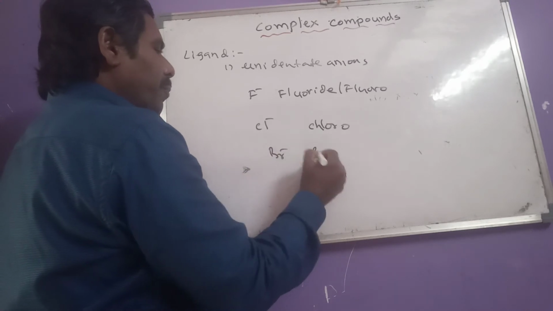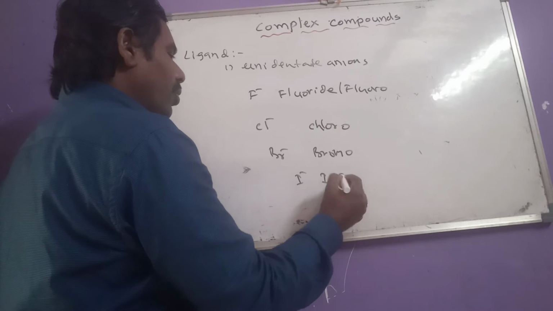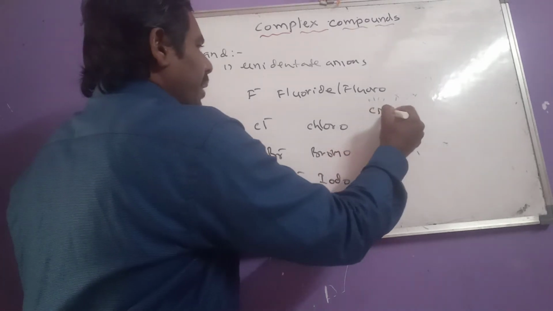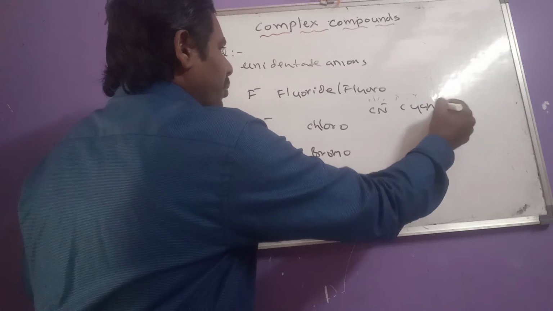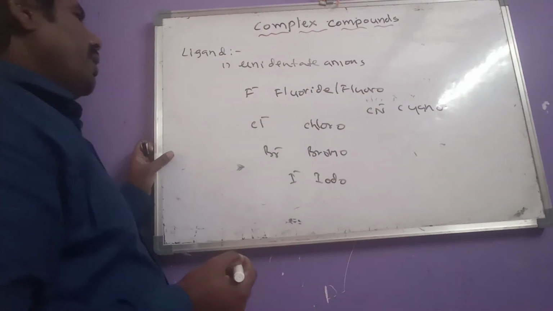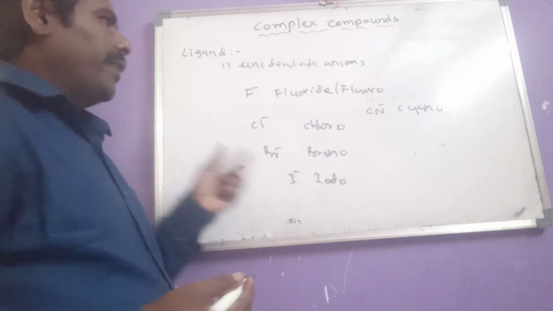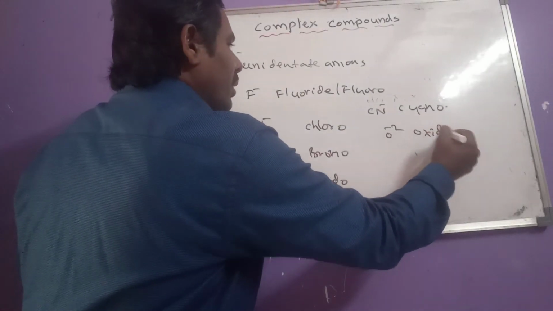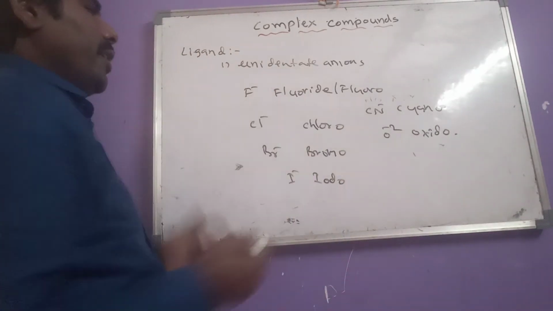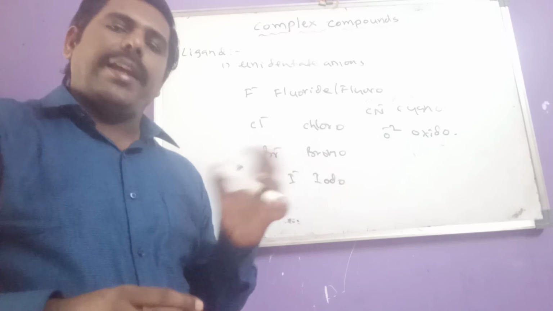Br-, bromo. I-, iodo. CN-, cyano. And you can also go for O2-, oxido. This also comes under the unidentate anionic type of ligand.